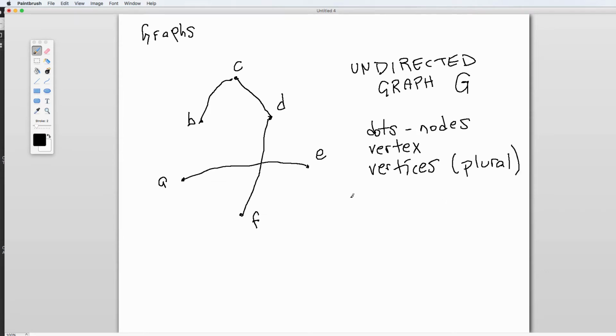And your book would say that we would have a set called V of G. And that's equal to the vertex set.